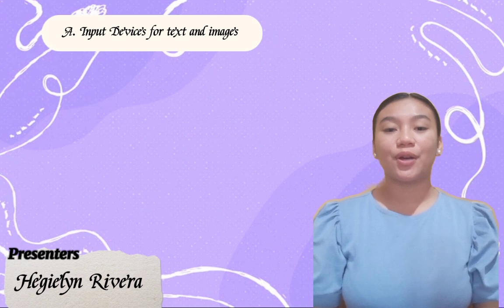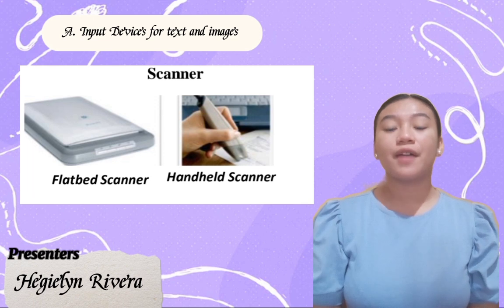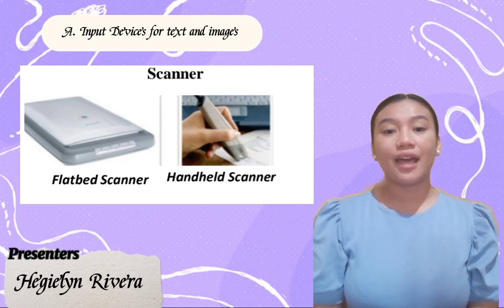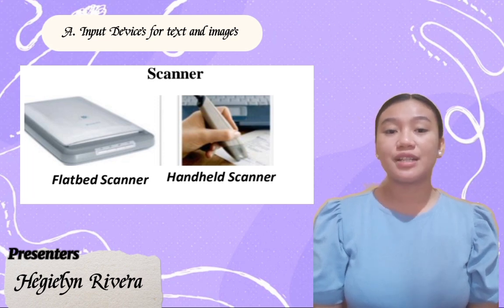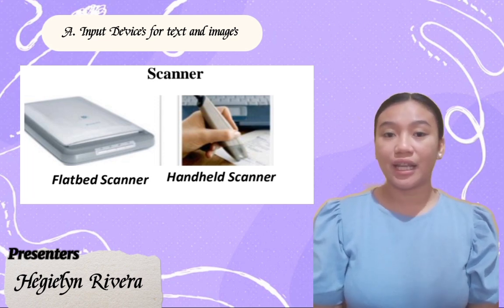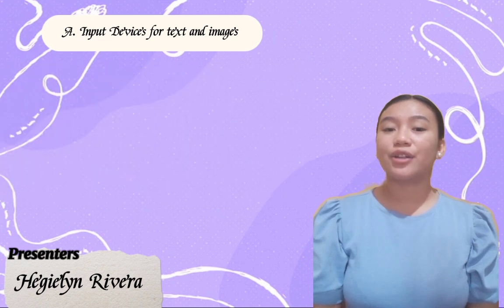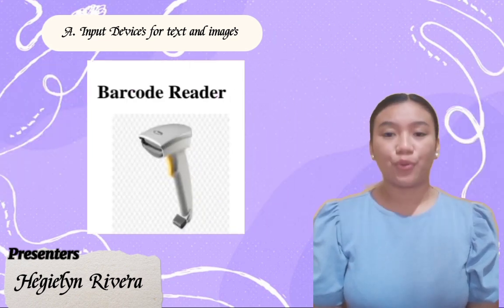Another example of input devices for text and images is the scanner. We have the flatbed scanner and the handheld scanner, which are used to capture a source document and convert it into an electronic form. Another is the barcode reader.